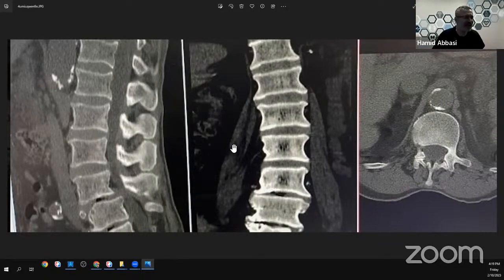If I would just change the windowing, this would look like that. Somebody just chose a non-standard windowing. That's why the fat, the omental fat, appears dark.